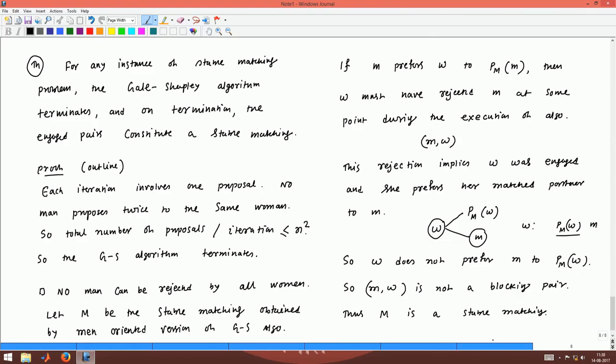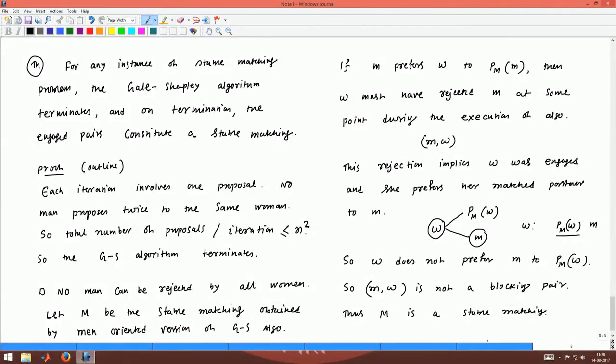Okay. So, we have proved that the Gale-Shapley algorithm terminates. Though there are some engagements and then you break the engagement again and all these things, finally it terminates, and on termination it returns a stable matching.